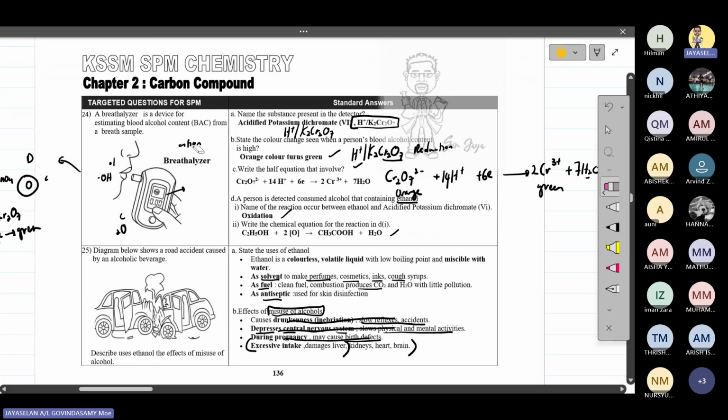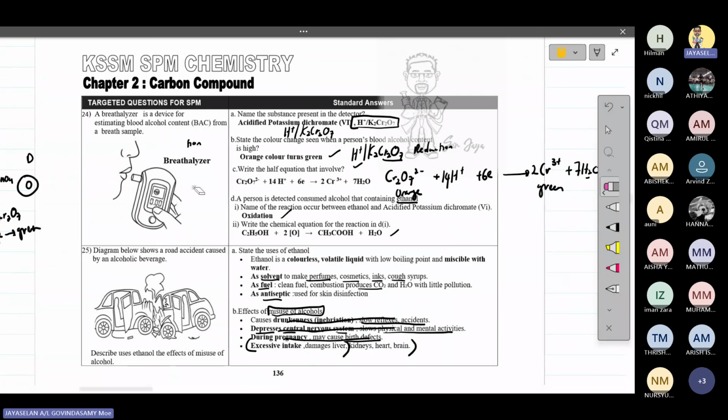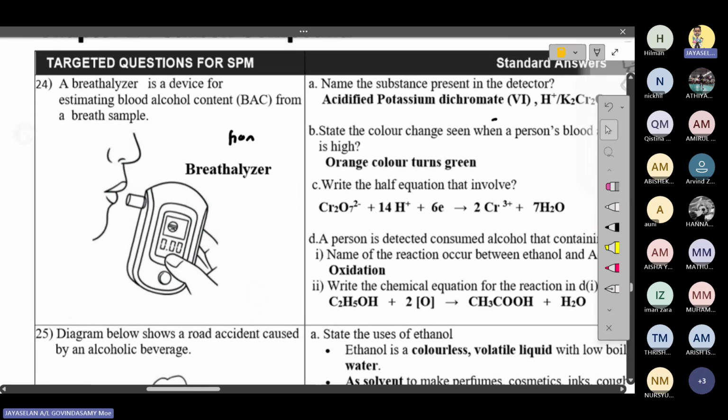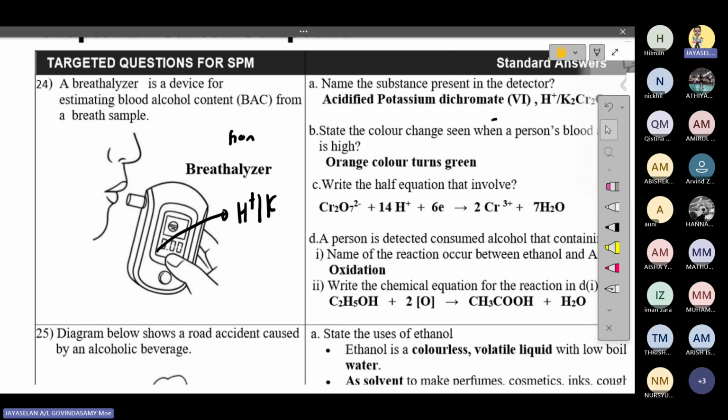The breathalyzer is a device used to detect the alcohol content in your body. Inside the breathalyzer there is a liquid. A sample of blood alcohol is tested. What liquid is inside? Acidified potassium dichromate(VI). What is the color change? If the person has alcohol like ethanol, the breathalyzer will change color.